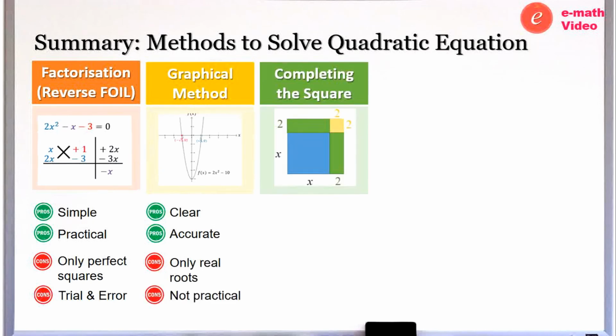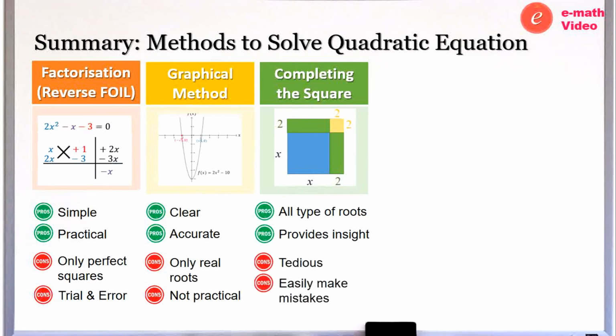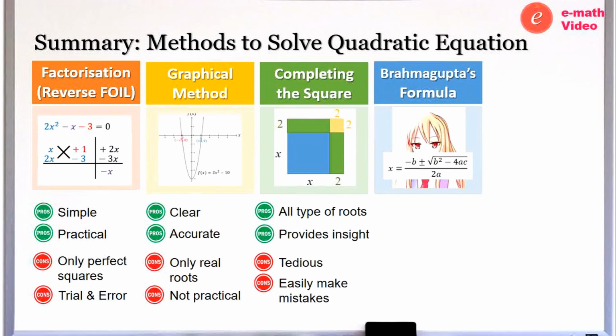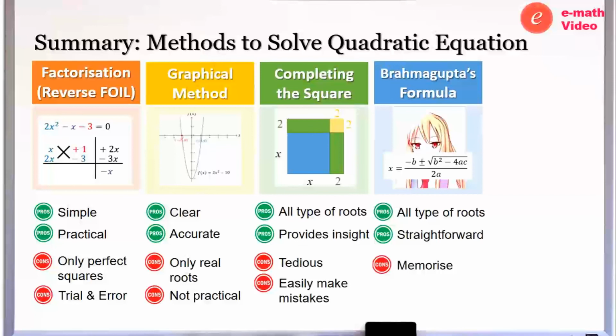Completing the square. Advantage: works for all types of roots, provides deep understanding. Disadvantage: super tedious, you can easily make mistakes. Using Brahmagupta's formula. Advantage: works for all types of roots, straightforward, can be used even if we don't understand. Disadvantage: need to memorize and provides no insight.